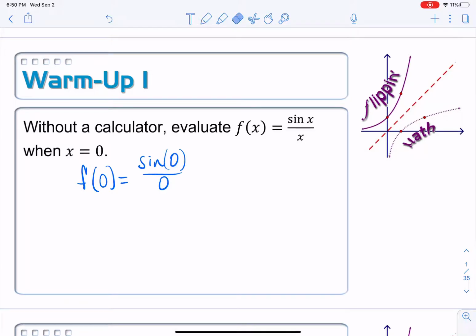So we know that, sure, absolutely, without a doubt, this is undefined. The function value is not defined there. As a matter of fact, the domain of this function is all real numbers except for x equals 0, because that makes the function undefined.